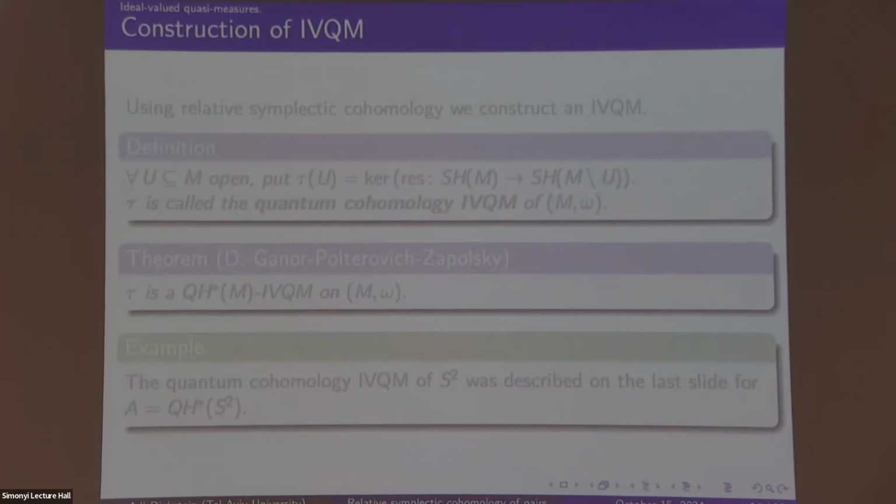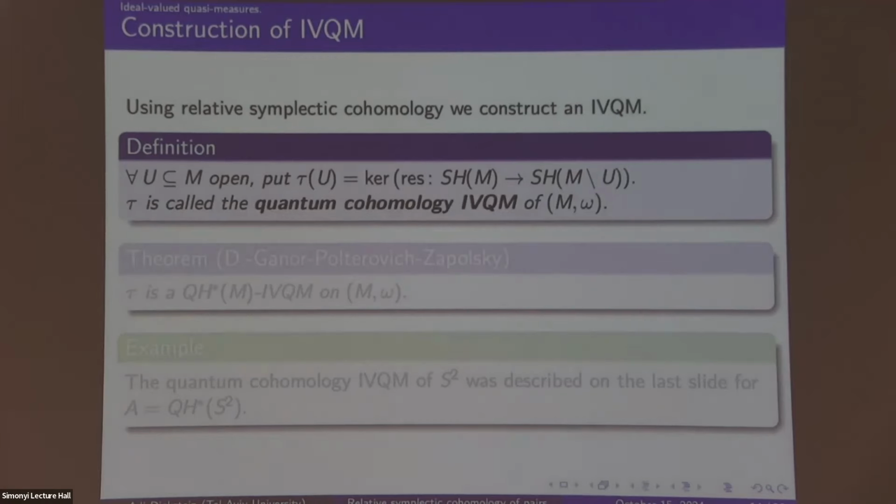Okay, also we have a general construction that uses relative symplectic cohomology. So let me present the construction. For a given closed symplectic manifold, we can define its quantum cohomology IVQM as follows.